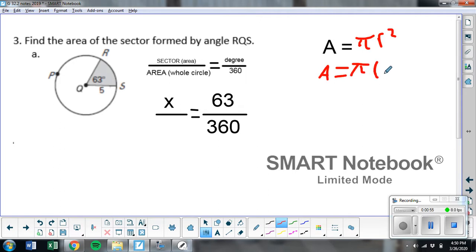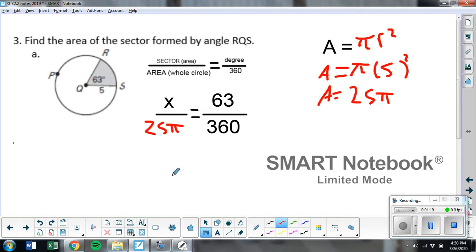So, what's the radius in the picture? The radius is 5. So what's 5 squared? That would be 25 pi. So my area, which I can now plug in here for this proportion, 25 pi.